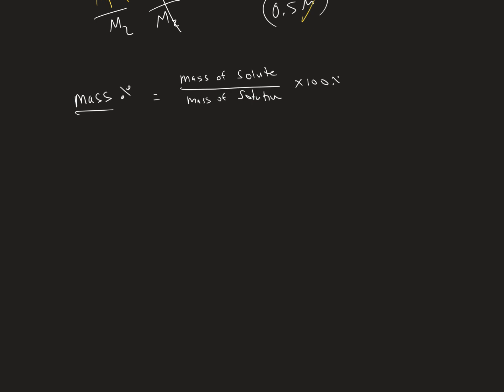It's still a concentration. Now, the thing you have to know is the mass of solute and the mass of solution better be in the same unit. If you're measuring in grams, they both better be measured in grams. You could do micrograms, but they both have to be measured in micrograms or kilograms or whatever. You with me?